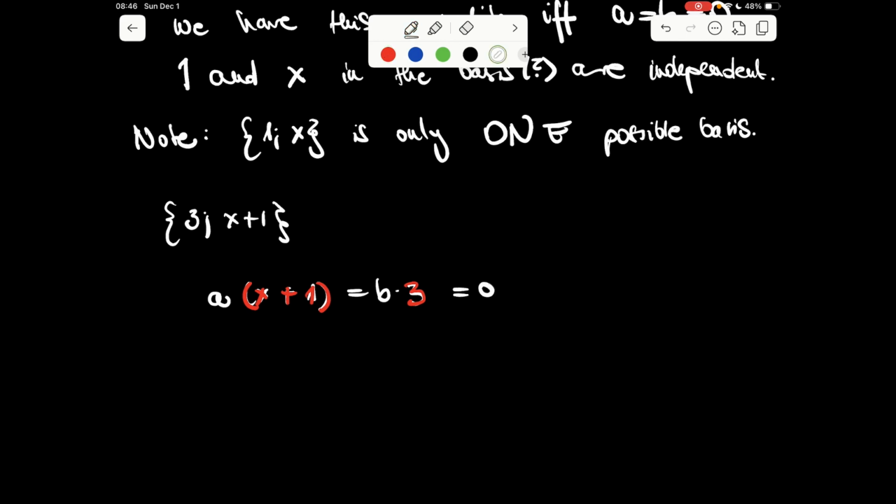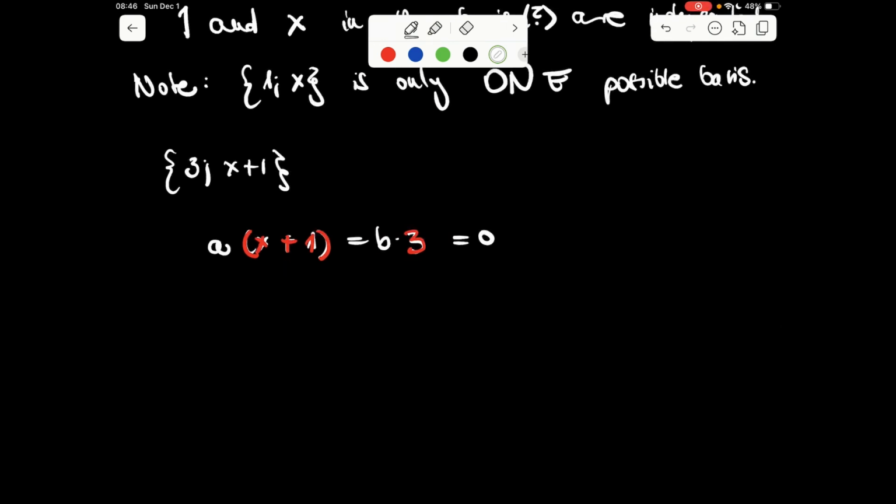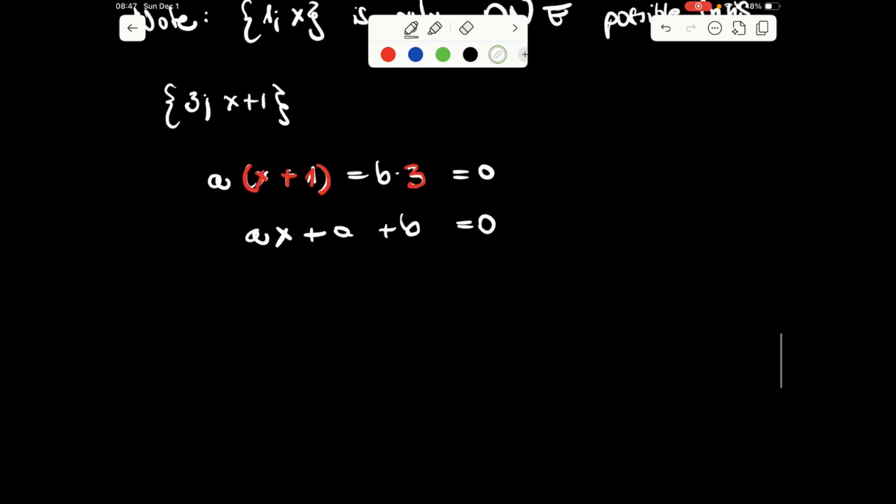So let's try to find an A and a B that gives 0 as a linear combination. So we need to solve this equation for any non-zero A and B. We easily realize that this equation holds if and only if A and B, both A and B, are 0.